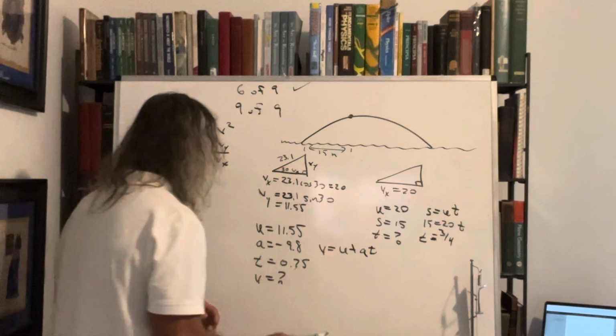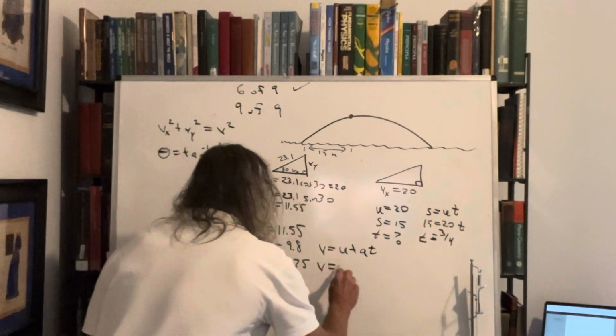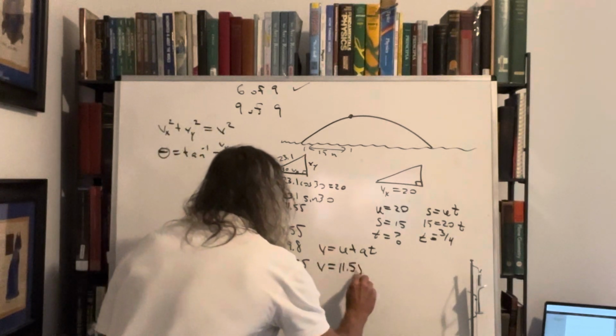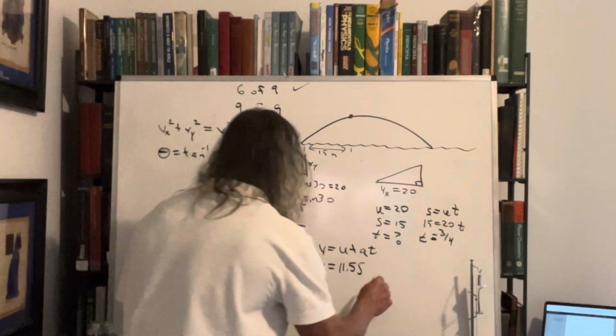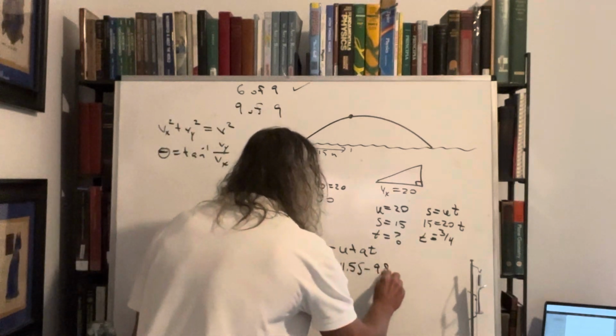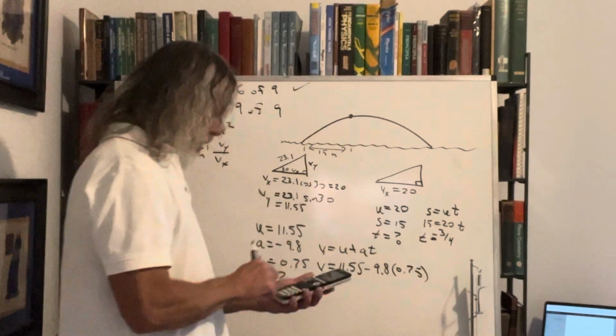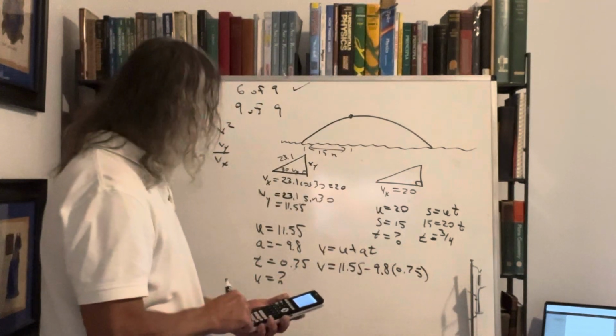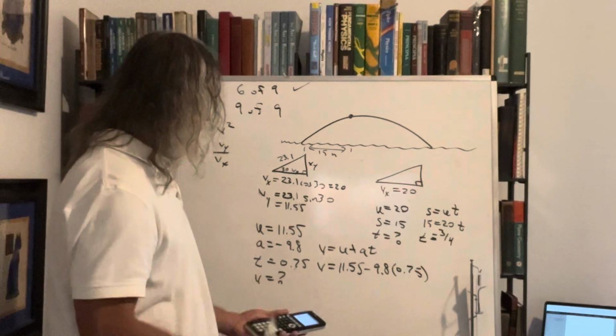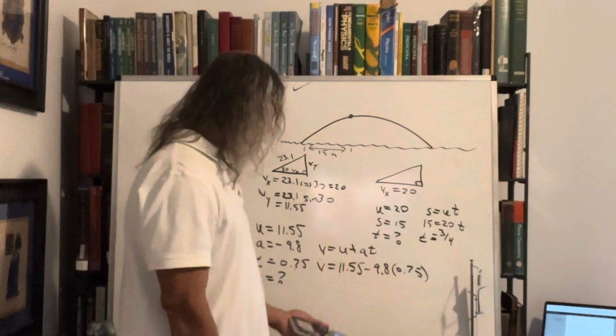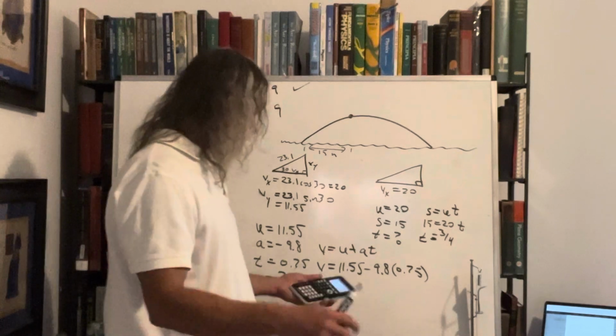So we got that, and then V is 11.55 minus 9.8 times 0.75. If you round to 10, 10 times that is 7.5. 11 minus 7.5 is around 4.